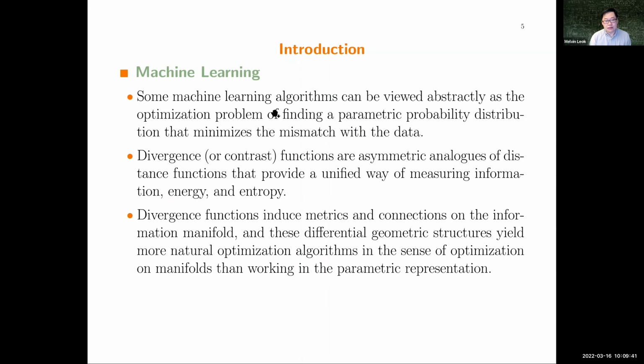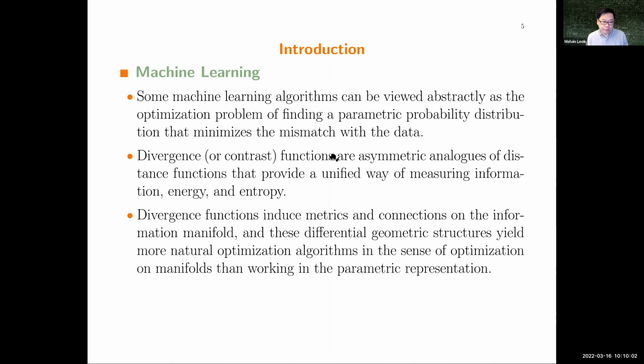again, in many cases you can view many machine learning algorithms abstractly as an optimization problem, where you're trying to find some element of a parametric family of probability distributions that predicts the data or is as consistent as possible with the data, and you do this by minimizing some sort of mismatch or some sort of loss function.